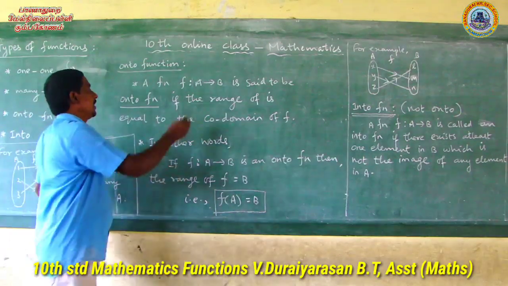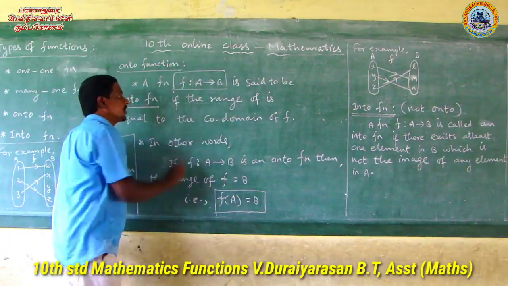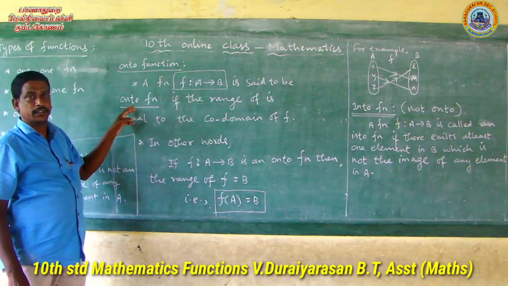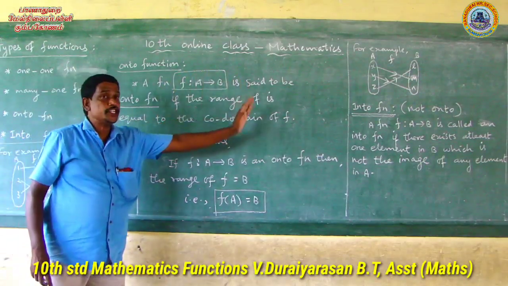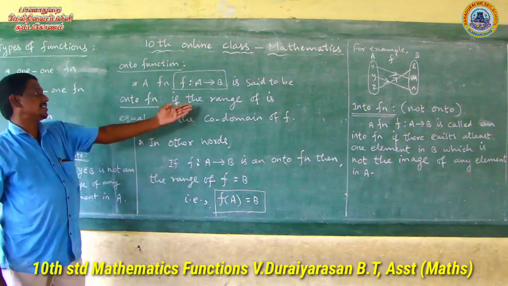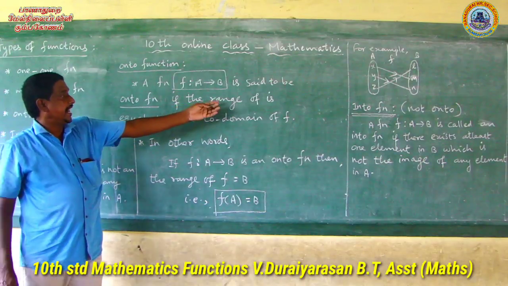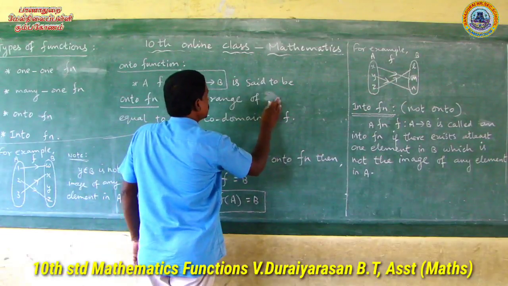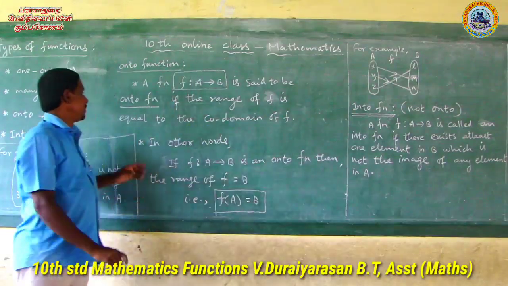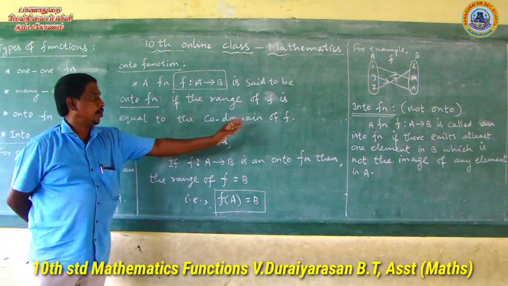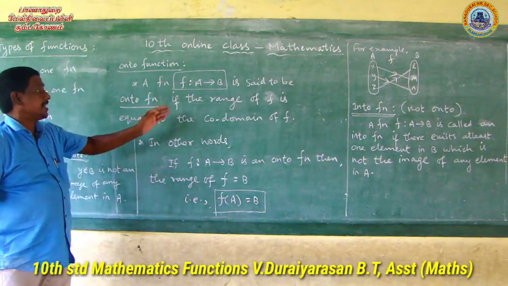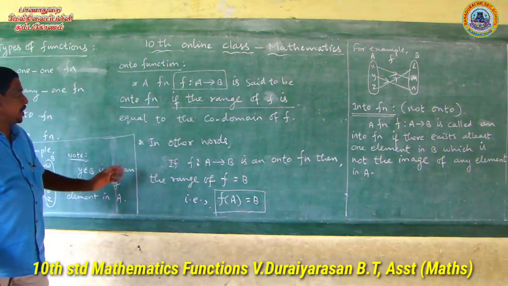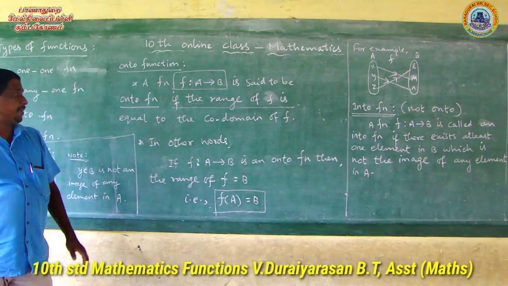A function f from A to B is said to be an onto function if the range of f is equal to the codomain of f. What is the condition, sir? A very, very important condition: the range of f is equal to the codomain of f.